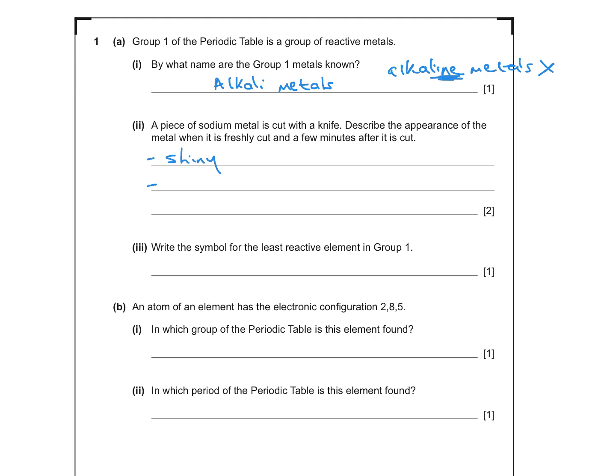But after a few minutes, they go dull. And as I said, that's due to the reaction with oxygen in the air. Now, the word that describes shiny to dull is tarnish. But shiny to dull is all you need for the answer here.